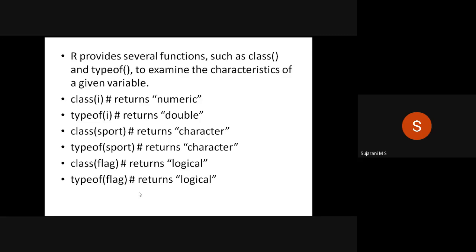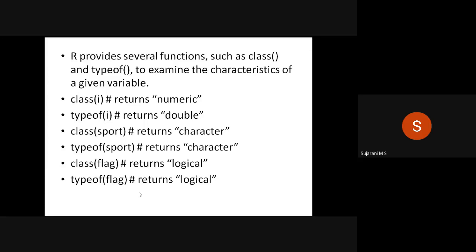And class of a character returns character, and typeof a character returns character. Both are equal. In the case of a logical value, class of flag returns logical, and typeof of flag returns logical. The difference is in the numeric case: for the value i, class of i returns numeric, but in memory it is stored as a double.